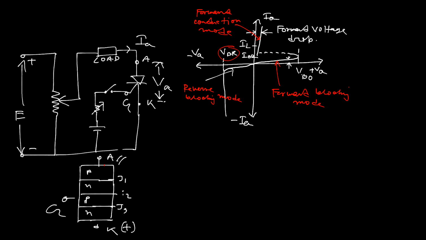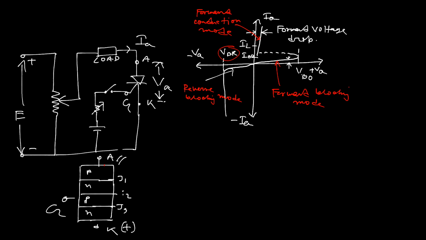Similarly, when we are trying to switch off the device and we reduce the anode current to a value, suppose IL, the device is still in the working or conducting state. Suppose we again reduce the anode current, up to IBO, the device is again in the conduction state. It can be off and it can be on also. That is why this is unpredictable behavior.